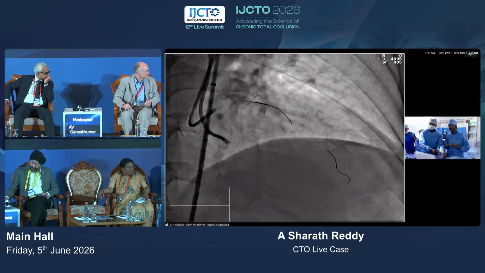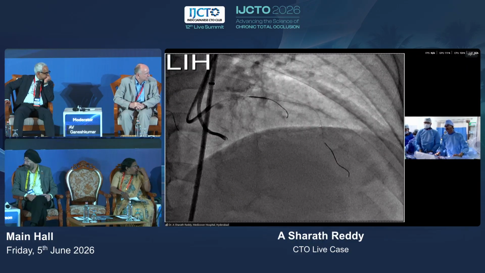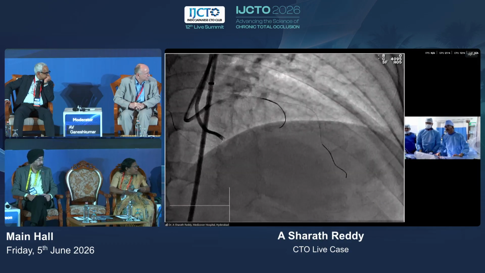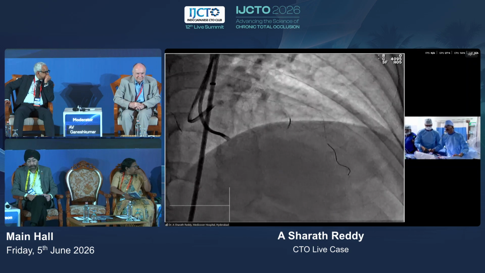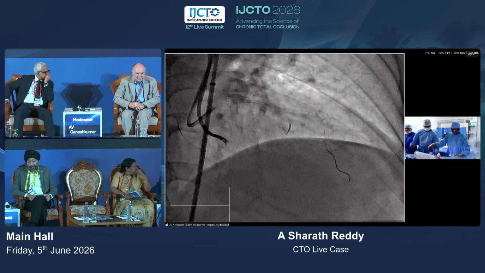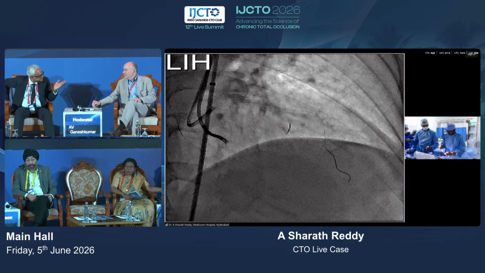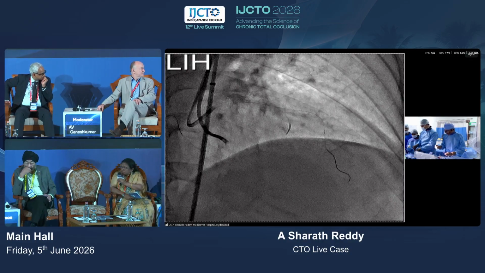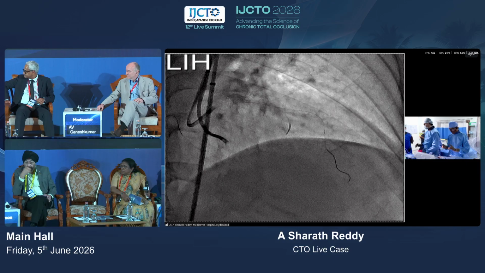Always look at the complications that are associated with retrograde. You can always fall back upon it, but first try antegrade for probably 5 minutes. If you can, it's a great success. Otherwise, you can fall back. I would have probably tried antegrade first. Usually I do the retrograde first.